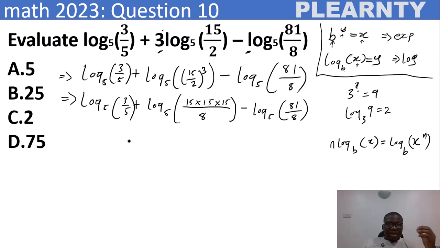So when you have a plus in log, let me just write the rule here.